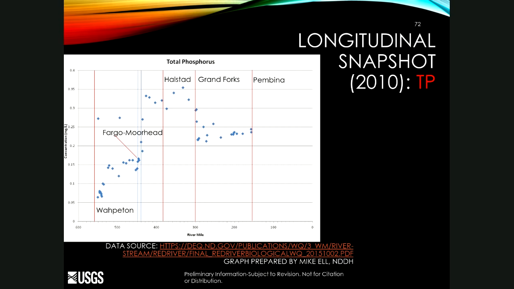Generally, we're seeing that the concentrations are increasing from Wahpeton to Fargo, and then there's this pretty abrupt increase. Concentrations stay about the same, and then they decrease at Grand Forks and then stay around the same up to the border. I think that this is the Red Lake River that's causing that influence of the decreasing concentrations there.